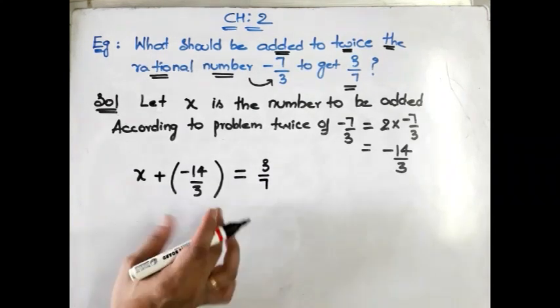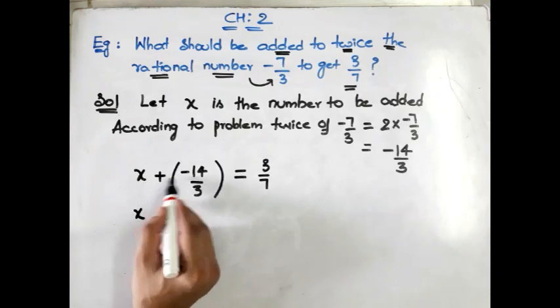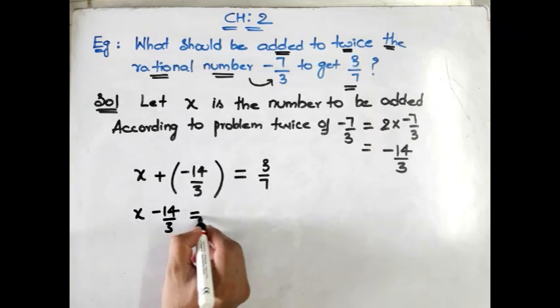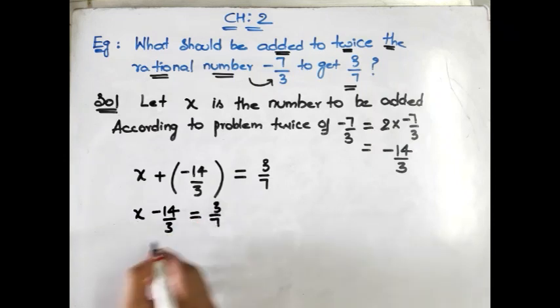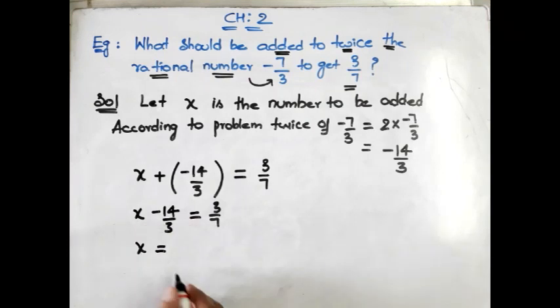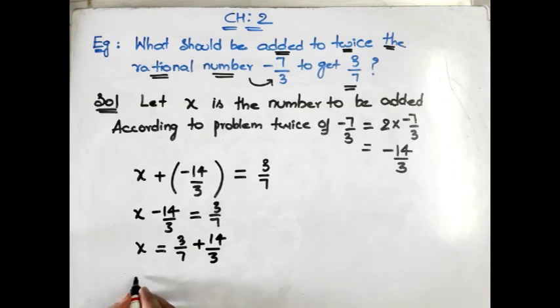Now once we are done with the statement process, regular calculation, plus into minus, x minus 14 by 3 is equal to 3 by 7. So x is equal to minus 14 by 3. If we transpose to the other side, it will become plus 14 by 3. Okay. Next, x is equal to the LCM of 7 and 3, 21.